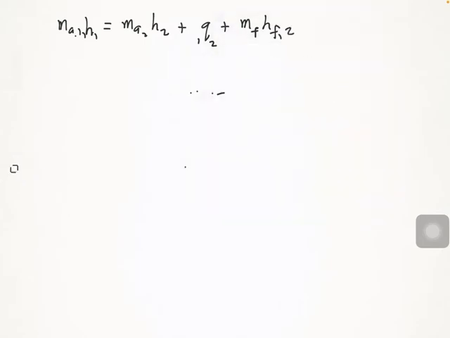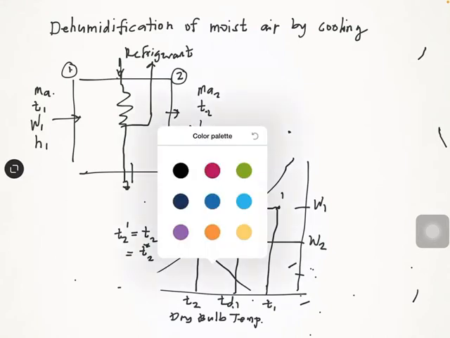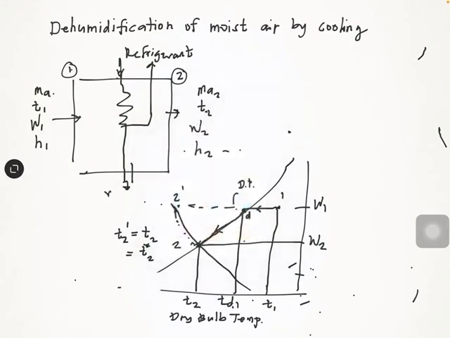Going back to our figure, so in here we have this MF, liquid is coming out here, and this is HF2. Okay, so back to our equation.